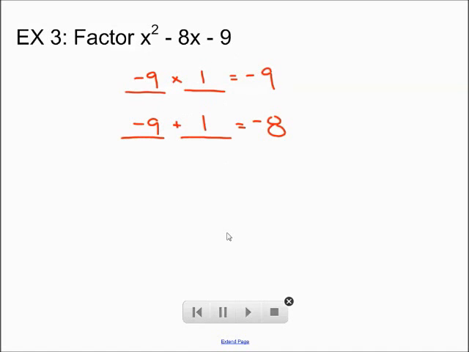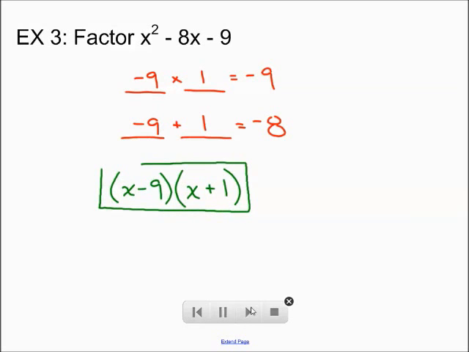So now we can write our factorization. It's x minus 9 and x plus 1. That's all we're looking for, and we can go ahead and check our answer as well by multiplying the two binomials, which we learned in an earlier lesson.